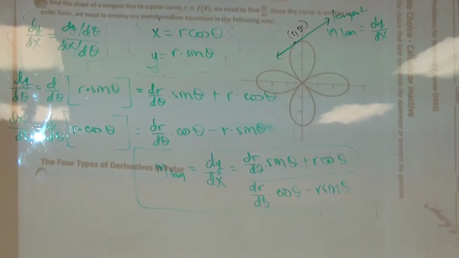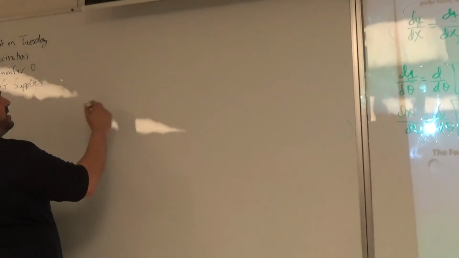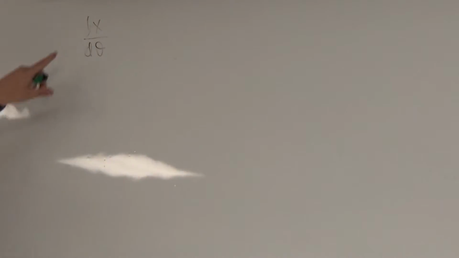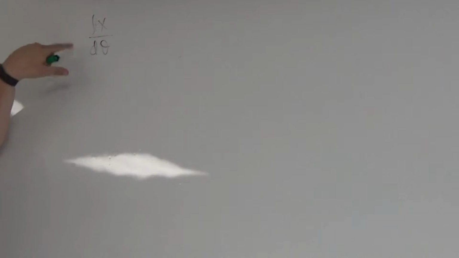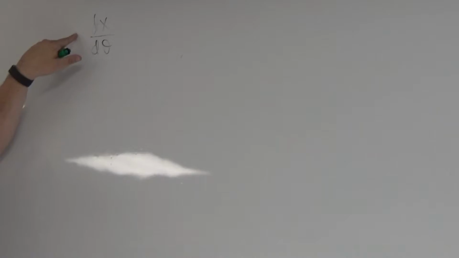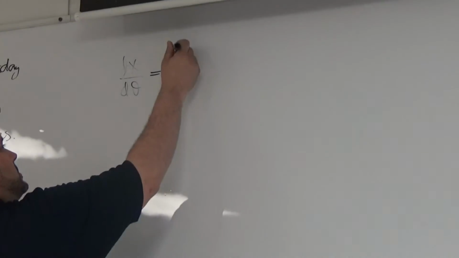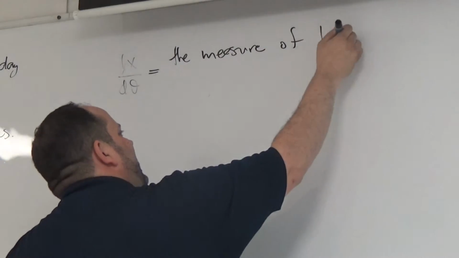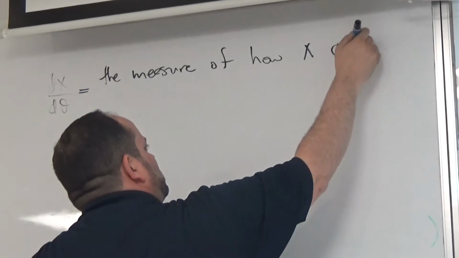Okay, so I want to keep track of some things here. There are 4 different derivatives here. We've got dx d theta. What are we measuring? x. Be specific though. It tells me how the x is changing, in terms of your x position. So this is the measure of how the x changes.